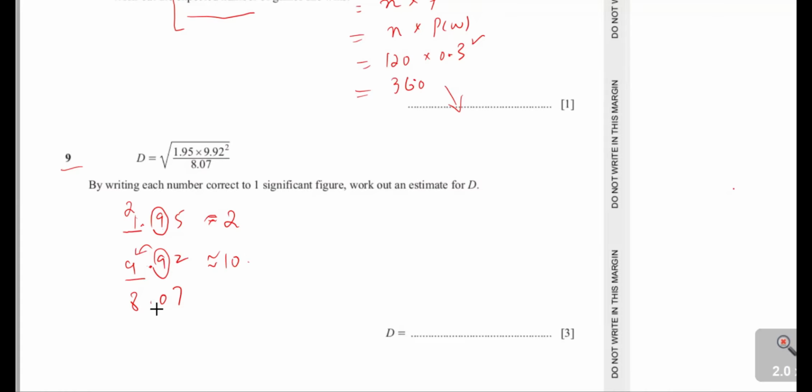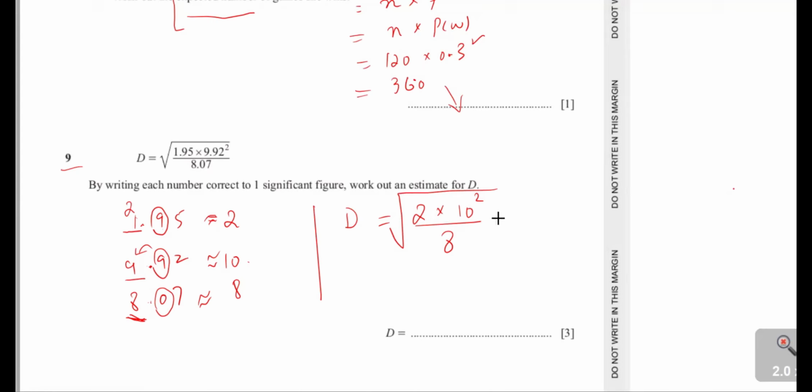And the next value 8.07, for one significant figure, the first non-zero digit here is 8. Therefore, we underline 8, and the neighboring digit is less than 5. Therefore, we write 8 as it is. Now we write these estimated values in place of the original values. In place of 1.95, we write 2, and in place of 9.92, we write 10 squared, and in place of 8.07, we write 8.